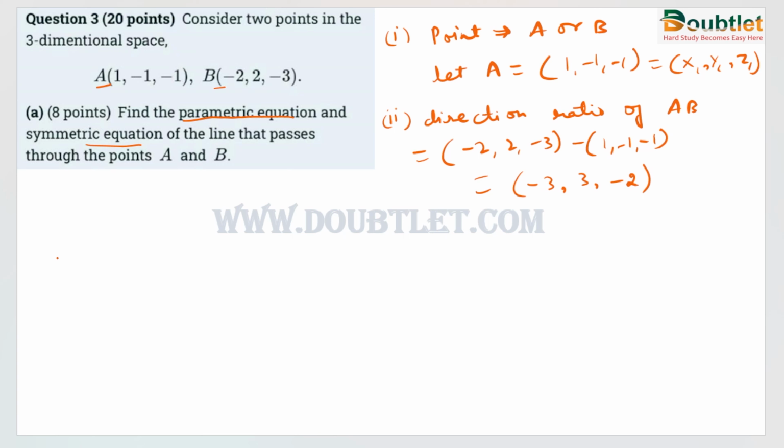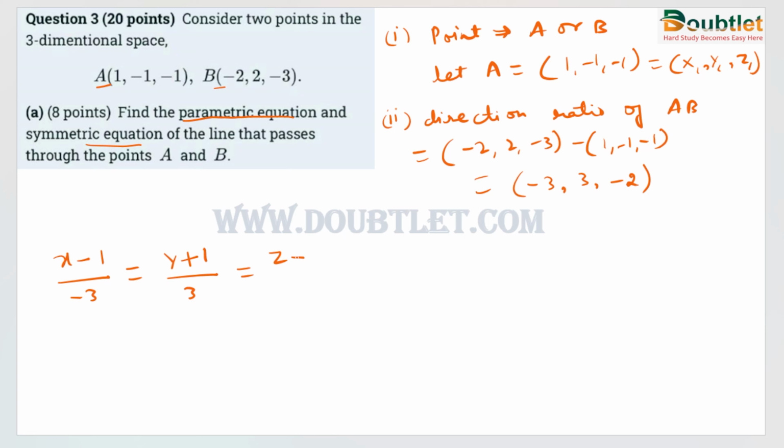To find the symmetric equation, we know that we can write x minus x1. So x1 is 1, divided by x2 minus x1, which is minus 3. Similarly, y minus y1, so y minus of minus 1, it will become y plus 1, divided by y2 minus y1, which is 3.